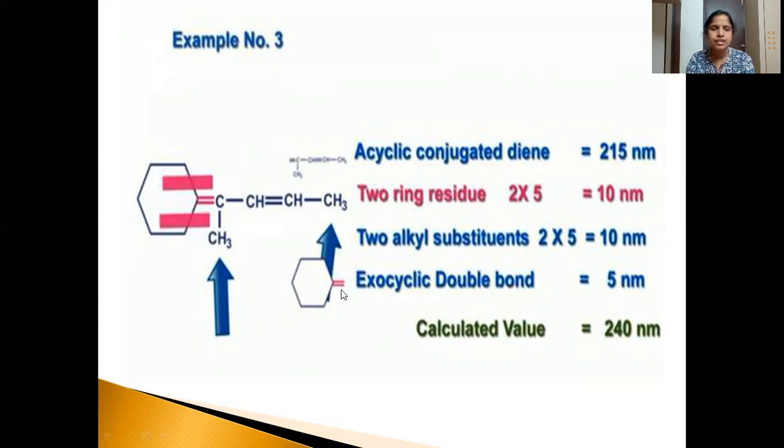We can consider this as an exocyclic double bond, which is again an increment of 5 nanometers. So first, it is an acyclic conjugated diene with 215 nanometers as the base value. There are 2 ring residues, 2 alkyl substituents and 1 exocyclic double bond. So in total, if we calculate, we will get 240 nanometers.